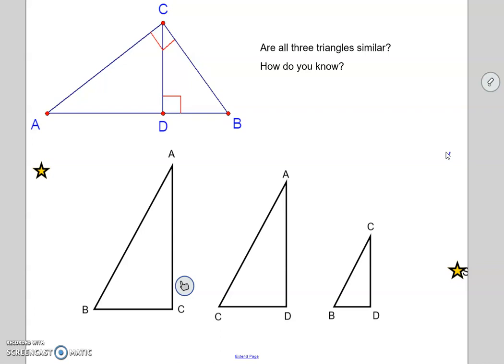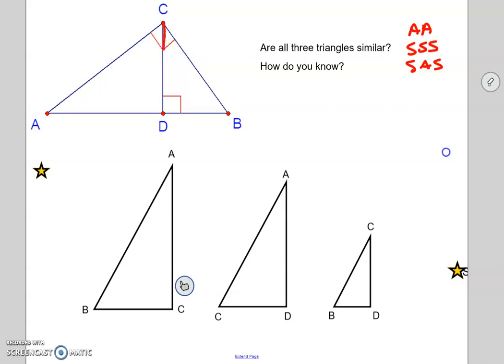Well, we said that there's really three different ways to prove the triangles are similar: either by angle-angle, or by side-side-side, or by side-angle-side. Those were the different similarity postulates that we looked at. I don't really know anything about the sides in terms of comparison.